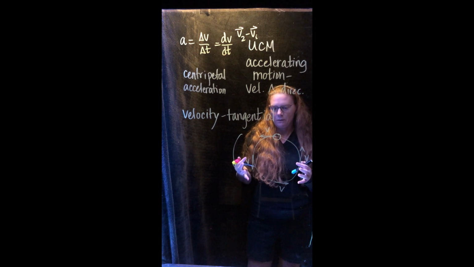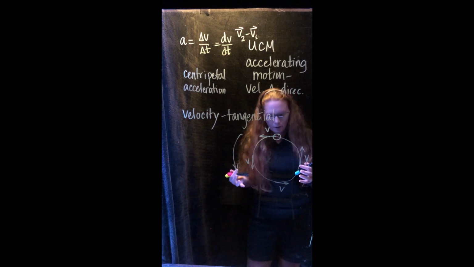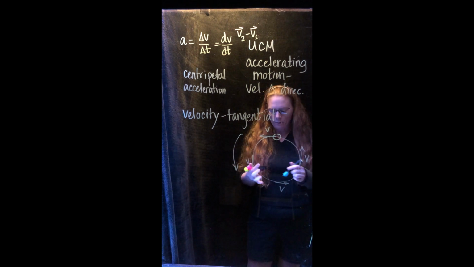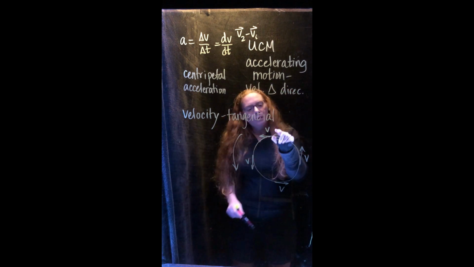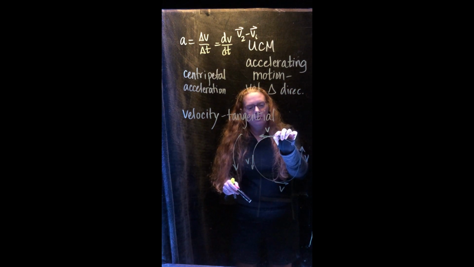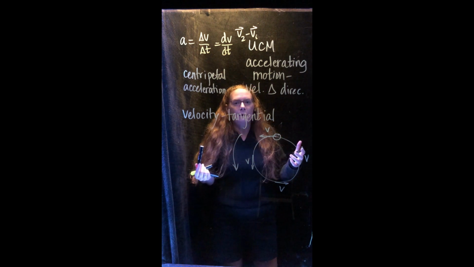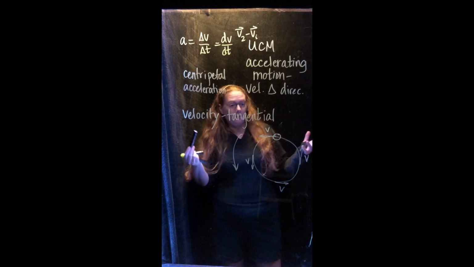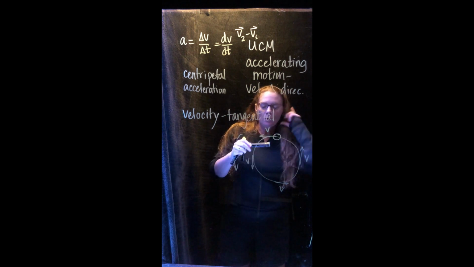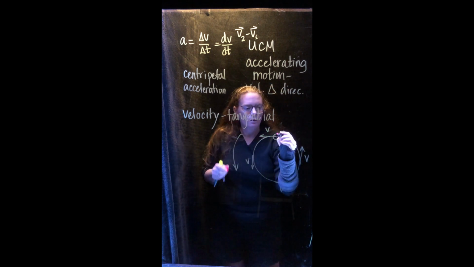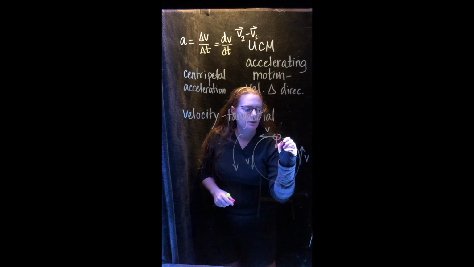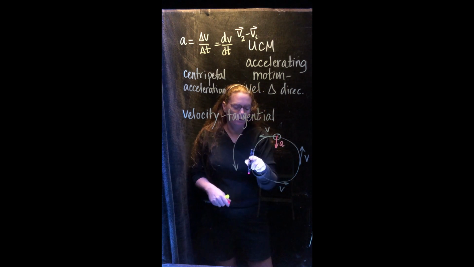And what is causing it to move in a circle? Well, it's the lanyard. What direction is the lanyard pulling on the fob? When the fob is here, the lanyard's pointing that direction. That's the only way it can pull. Strings can't pull in any direction except the direction that they're in. So when the fob is here, the lanyard is pulling this way, which must be the direction of the acceleration.